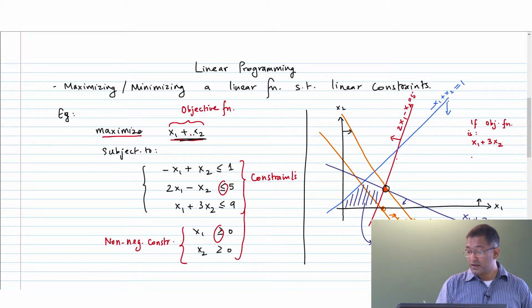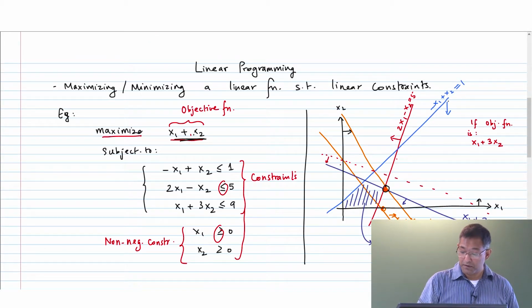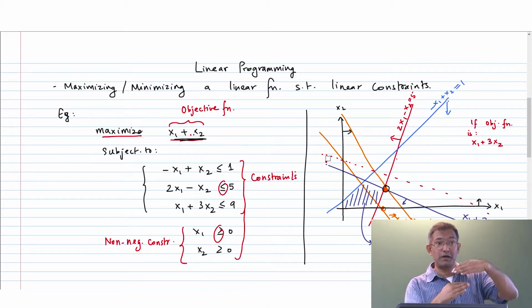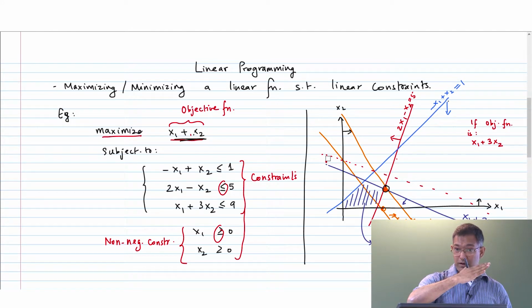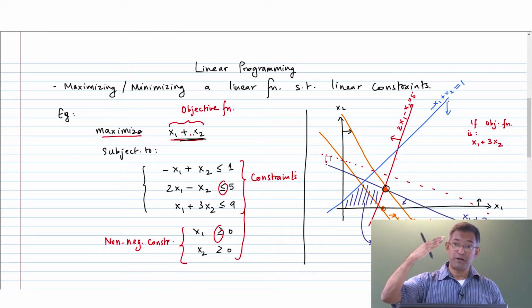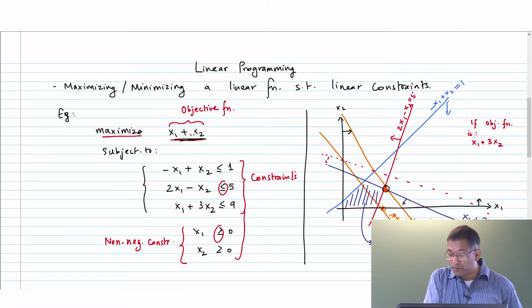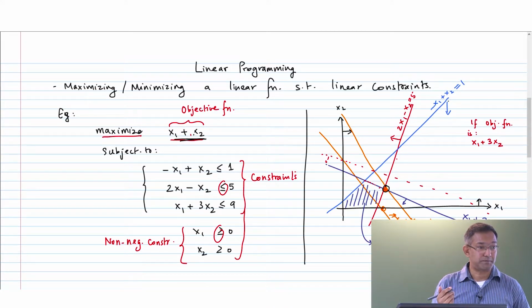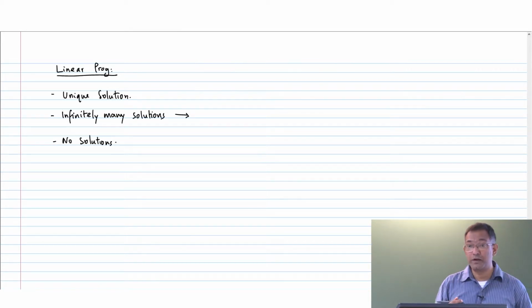Now, the objective function becomes parallel to this purple line, and so as you try to move the objective function, all the points on this purple line give you the same value, and there are infinitely many solutions possible. So, that is one example where you have infinitely many solutions.